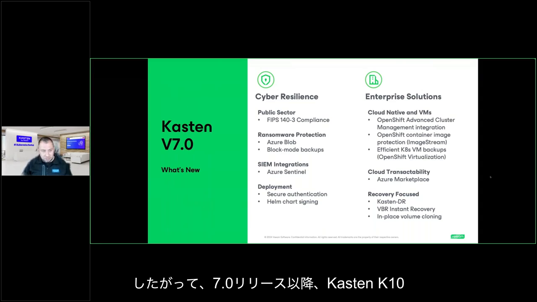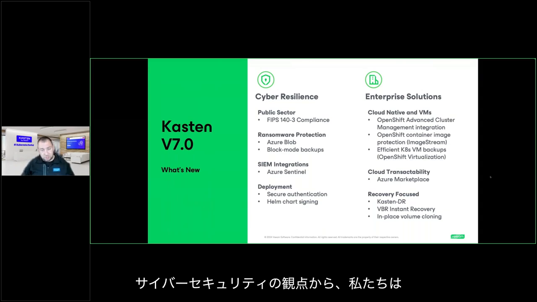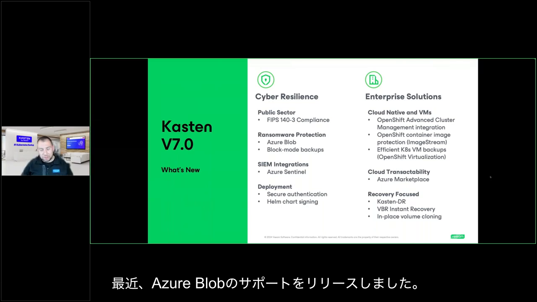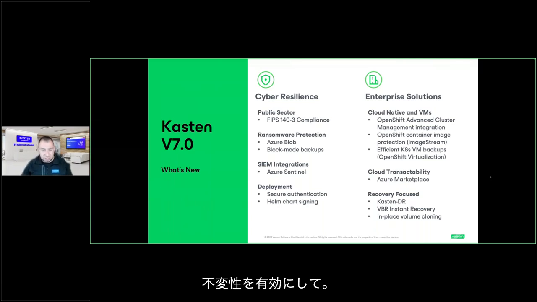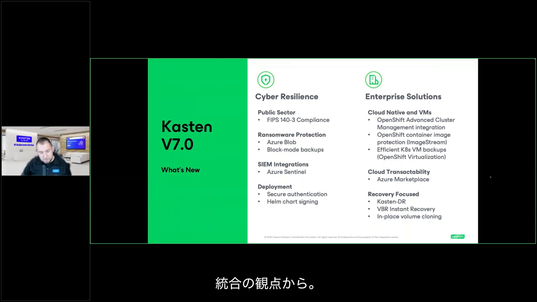So since the 7.0 release, Kasten K10 can be deployed in such an environment. From a cybersecurity standpoint, we released recently the support of Azure Blob with immutability enabled. We have also made the effort to make Kasten available with Azure Sentinel from an integration standpoint.